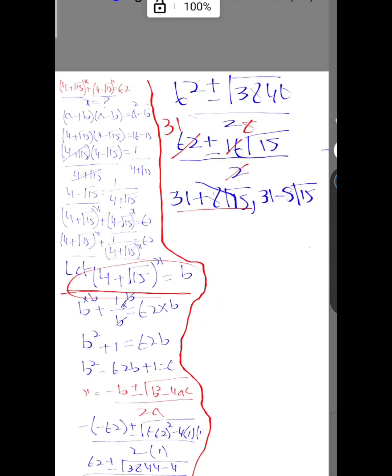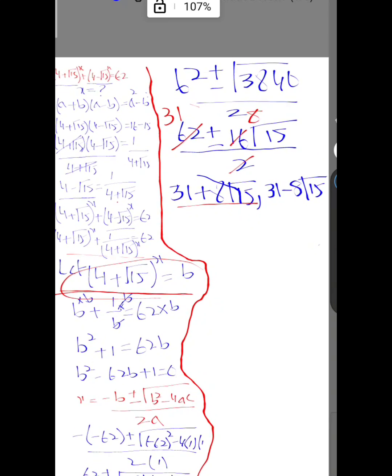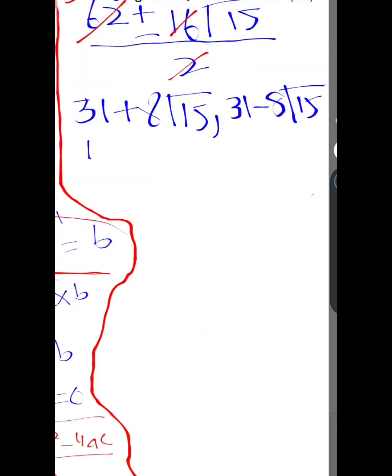Now we will take our original term, according to which 4 plus square root 15 with power x was equal to b. So we write 4 plus square root 15 with power x is equal to 31 plus 8 times square root 15.